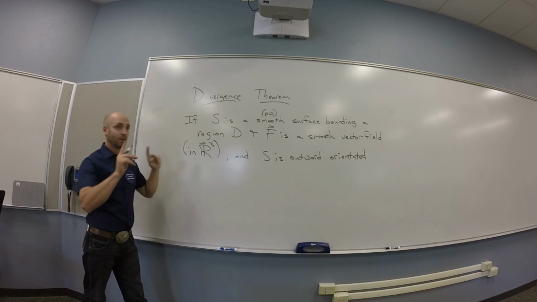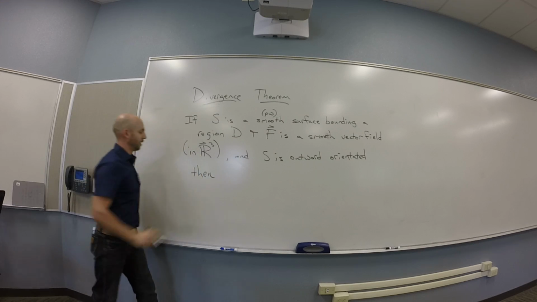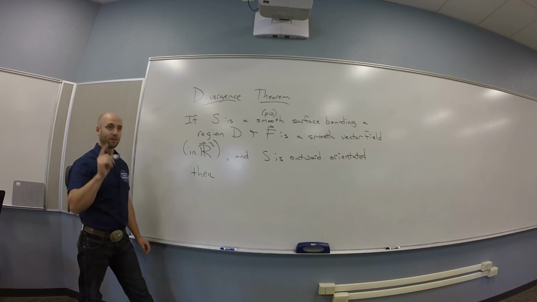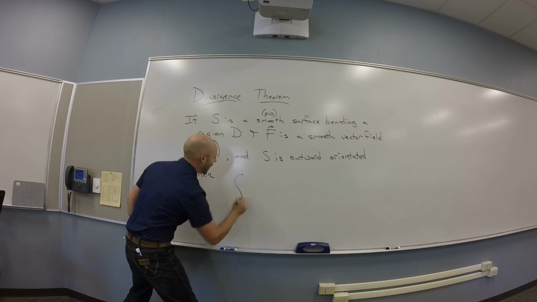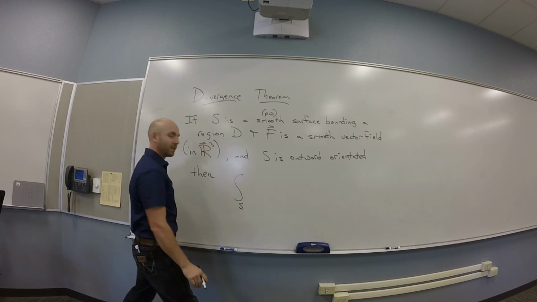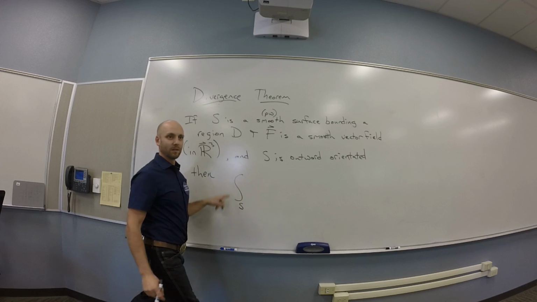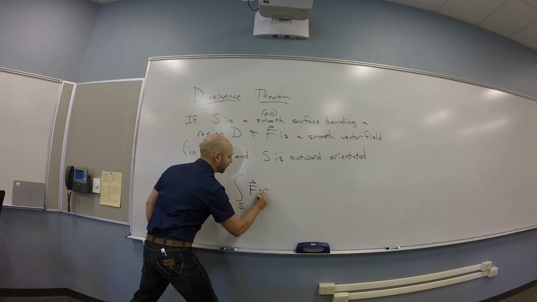Okay? So if all this, then what did we discover just a minute ago? Then the integral over S, wait, this is a surface integral, right? So this is going to be F dA, because this is a surface integral.